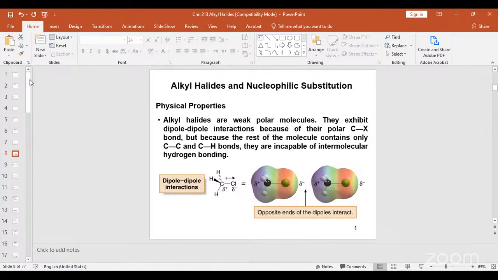They are weakly polar compounds and they exhibit dipole-dipole interaction.